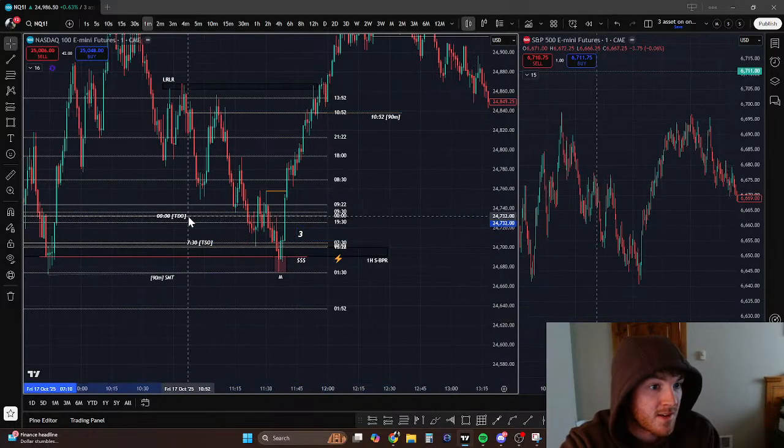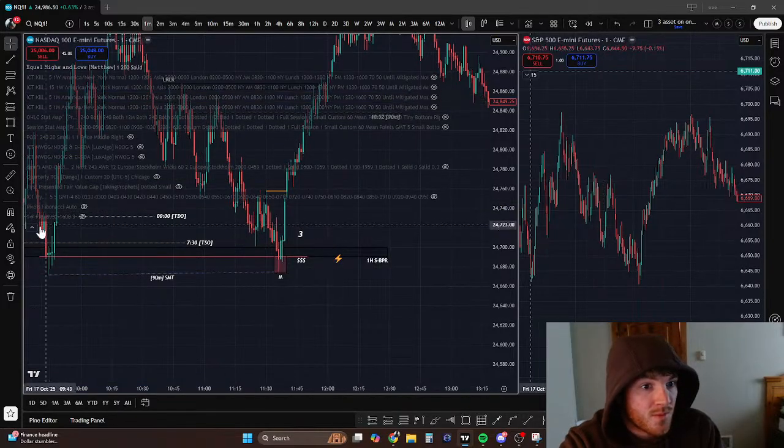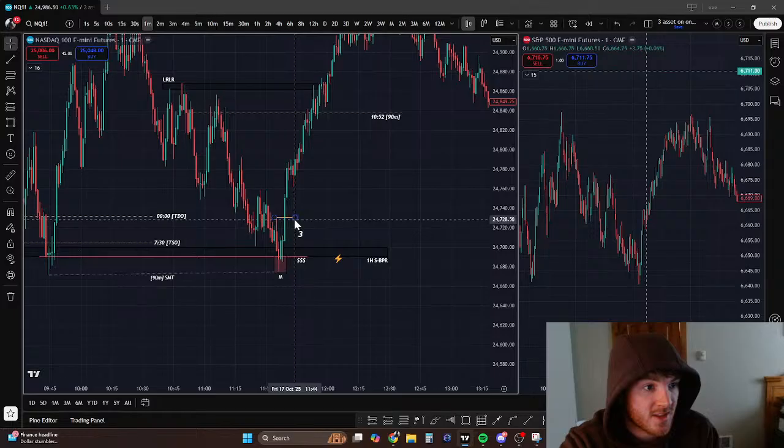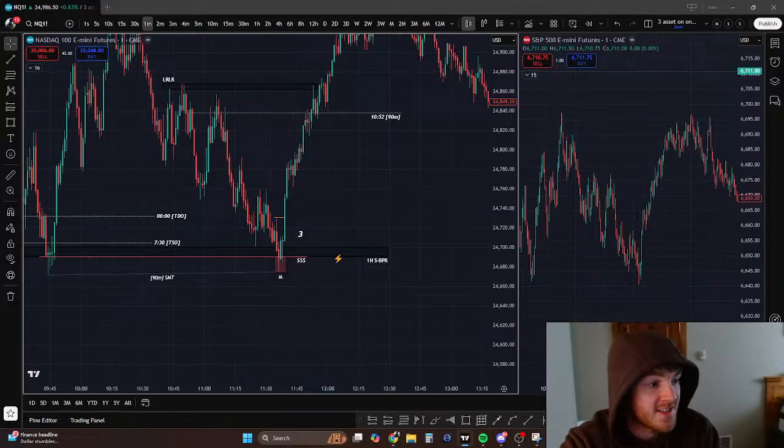Dragging this out, bang. So we had taken midnight and 7:30 one last time. We get a liquidity sweep, a break of structure. Let's actually mark it out like that now. And then a fair value gap that forms after the displacement. Amazing displacement, by the way.